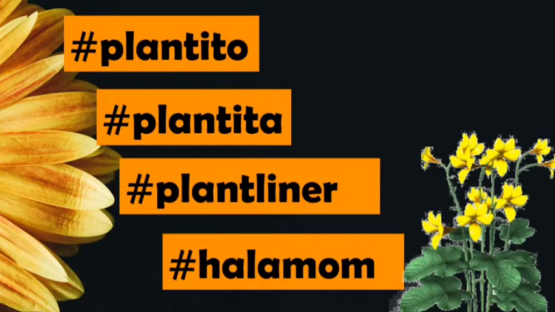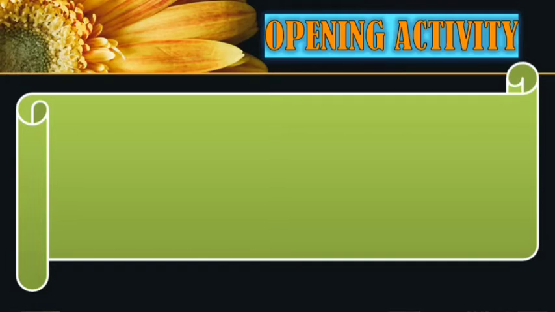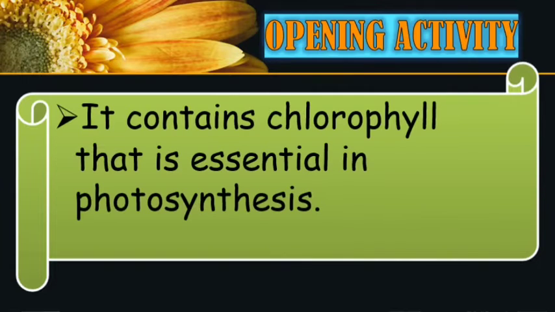So this time, let's have a short opening activity. All you have to do now is arrange the jumbled letters to form a word that best describes each sentence. The first one is: it contains chlorophyll that is essential in photosynthesis.